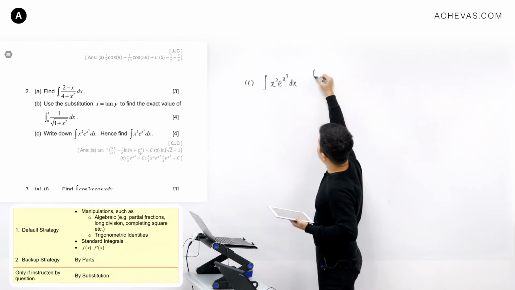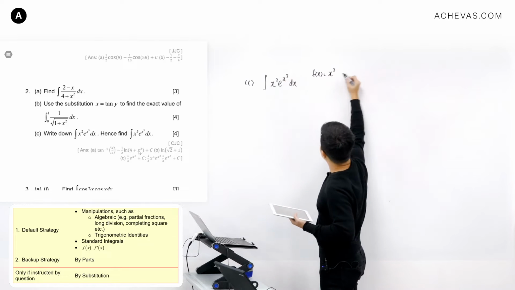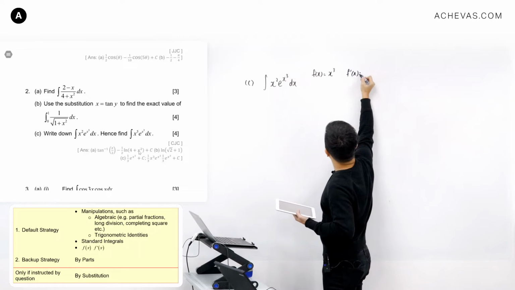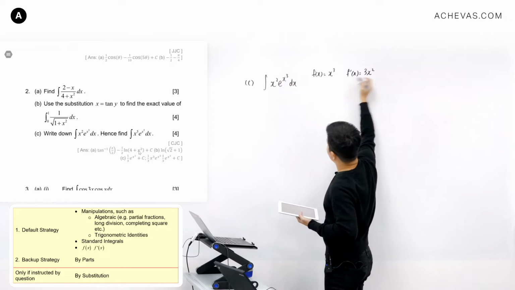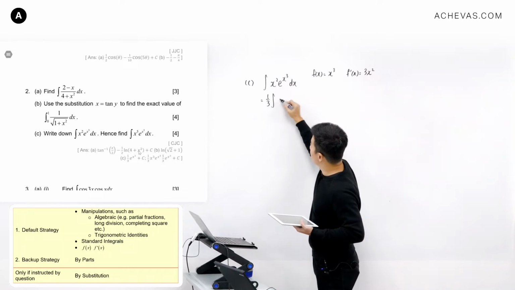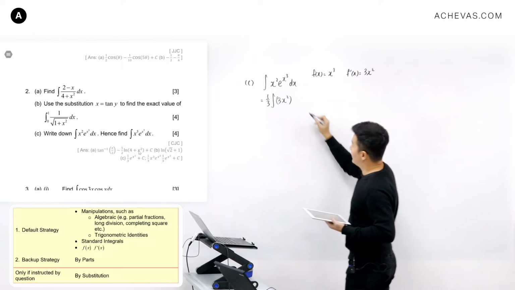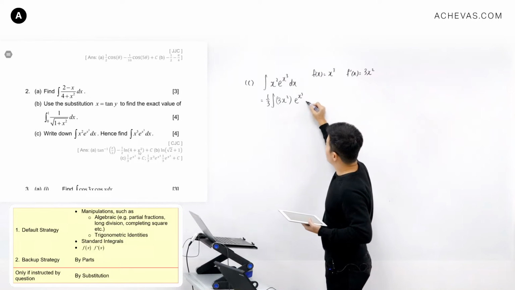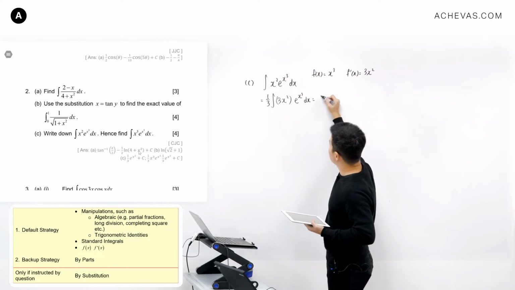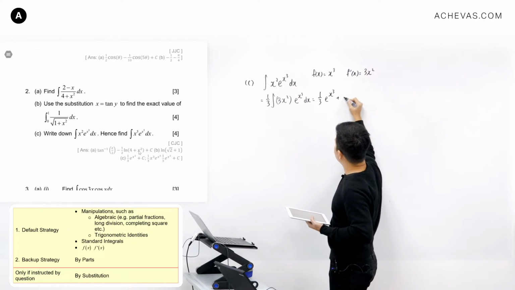Because if I were to let f(x) be equal to x to the power of 3, then f prime x is simply 3x squared, and I can very easily get it here. This is 1 over 3, and we have a 3x squared. This is my f prime x, e to the power of x to the power of 3 dx. So integrating this, it is just simply e to the power of x to the power of 3 plus c.